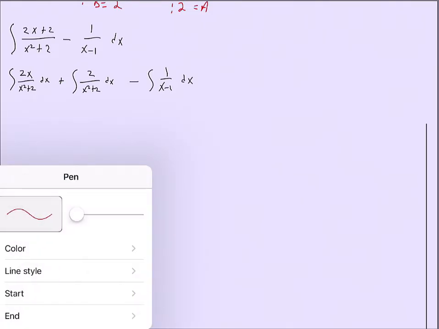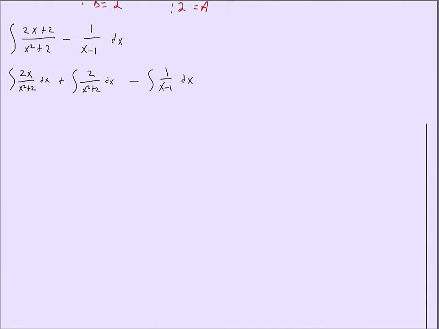You can pause the video real quick just to see if you can identify the 3 methods I'm going to use for each of these 3 integrals. Hopefully when you paused, the first thing you noticed on this first fraction was we have a denominator whose derivative is in the numerator. We like that. We're supposed to be looking for that first. That's u sub.